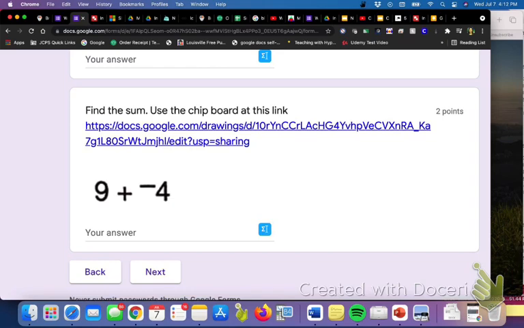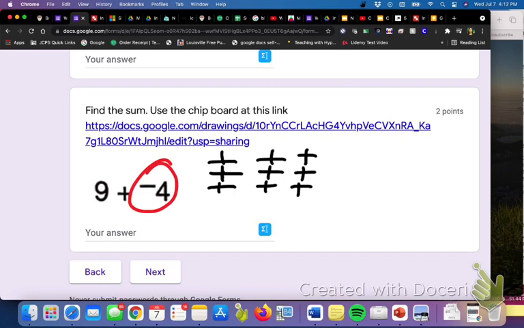And for the last one, we would have 9 positives, and then we would be combining them with 4 negatives.